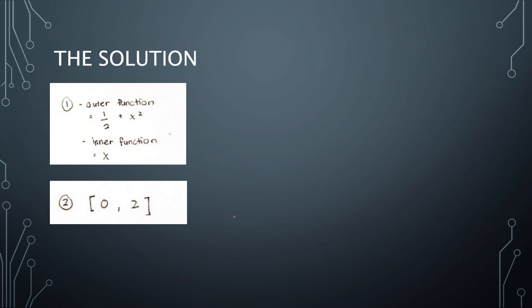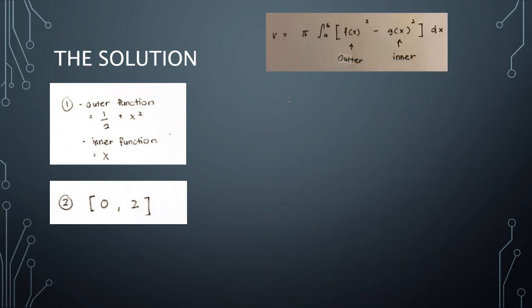And to find the volume, we also need the formula, which is pi times the integral from a to b of f(x) squared minus g(x) squared dx, where f(x) is the outer function and g(x) is the inner function. So let us try to substitute the values and solve the question.